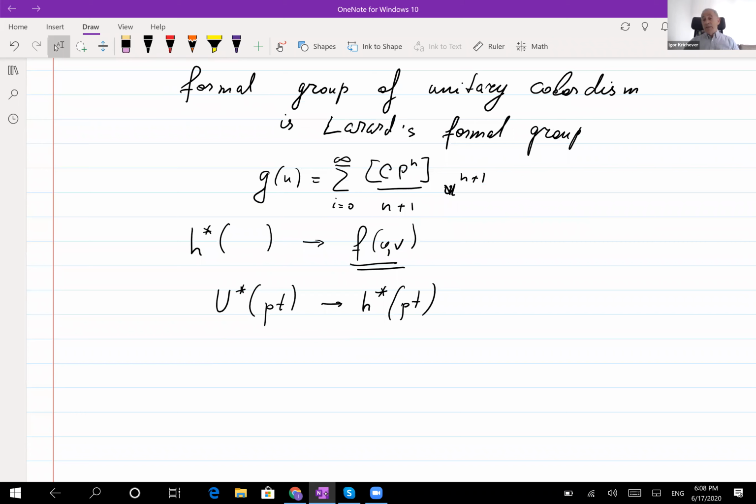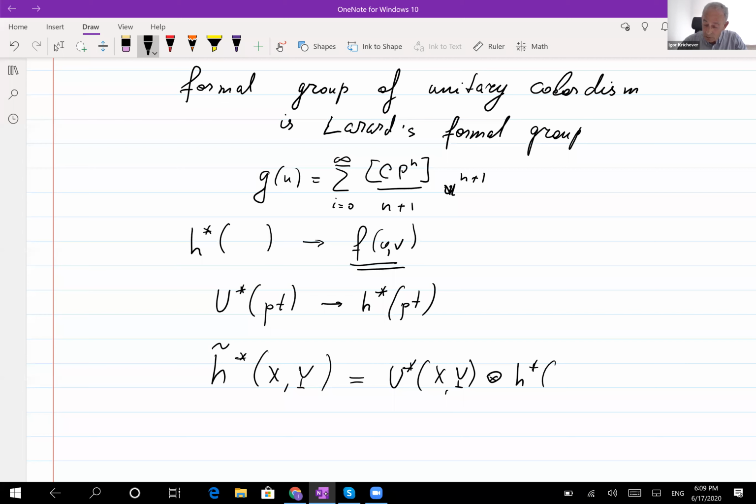And I said that in many cases you can recover the theory from the formal group, which defines this homomorphism. Then we can define a theory, X, Y, just by taking the tensor product of unitary cobordism of X, Y with H star of a point, and this tensor product is over the homomorphism, which defines this tensor product.